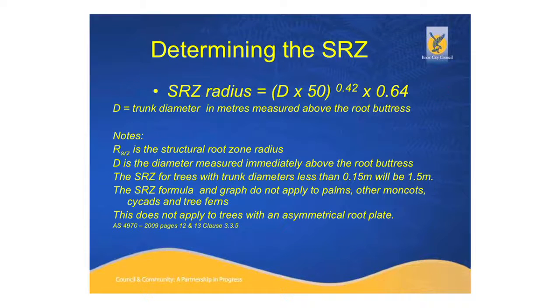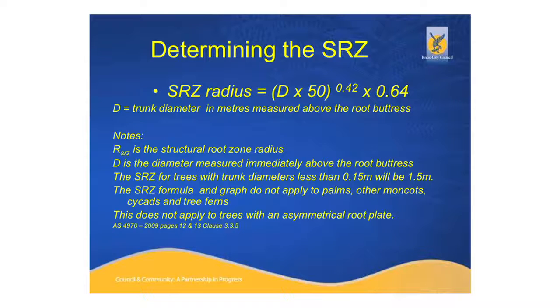So determining the structural root zone: the diameter measured above the buttress, and that's usually, I guess it depends on the tree, but it might be 10, 20 centimetres above the ground. And that's multiplied by 50. Don't forget with the diameter that unless it is a metre, you need to put a decimal point in front.